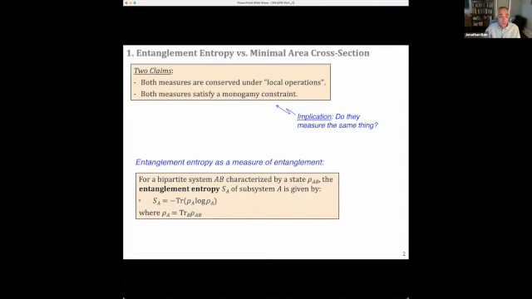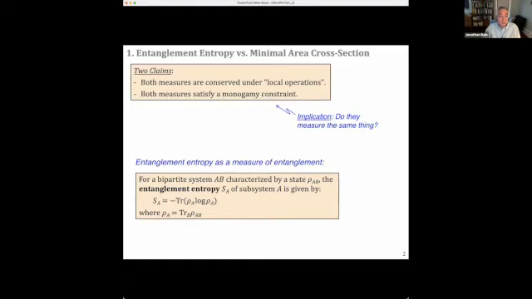So for a bipartite system characterized by a density operator state, rho sub AB, the entanglement entropy S sub A of subsystem A is given by minus the trace of the reduced density operator with respect to A times its log, where the reduced density operator with respect to A is obtained from the composite density operator state by tracing out the degrees of freedom with respect to the other subsystem. So that's the proposal for a measure of entanglement.